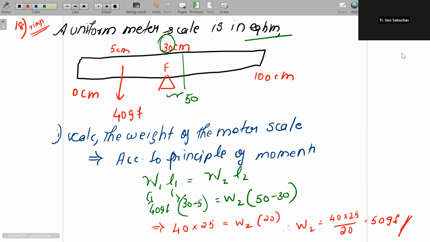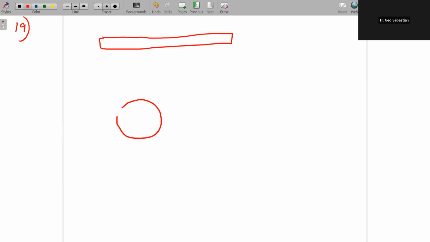Next question, the 19th one. This is nothing but a pulley arrangement. Both of them are with the same length only.